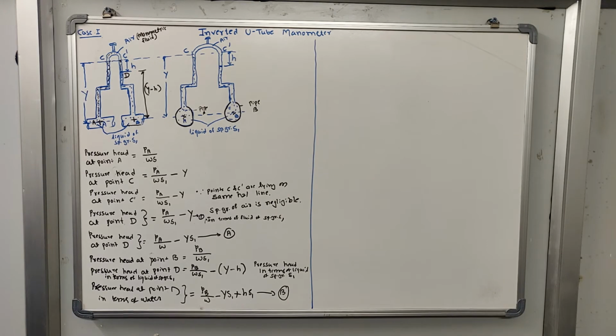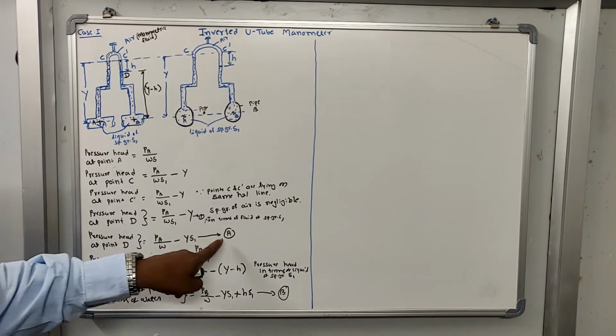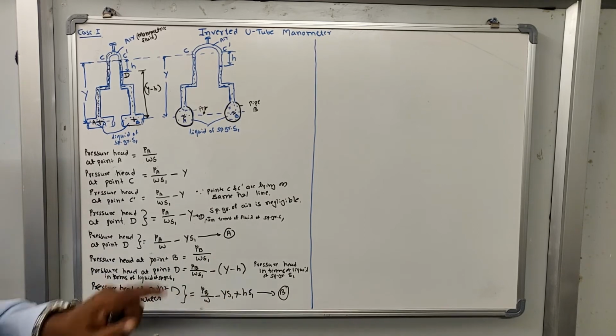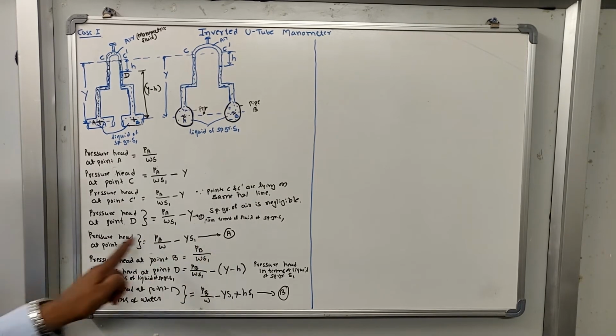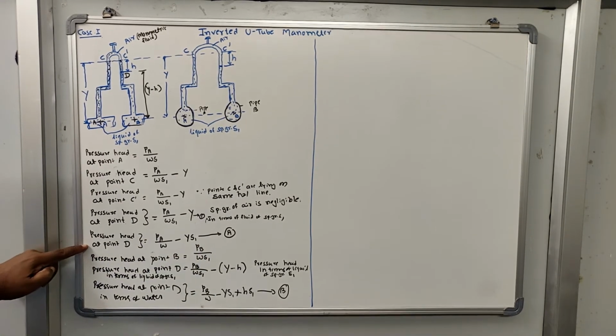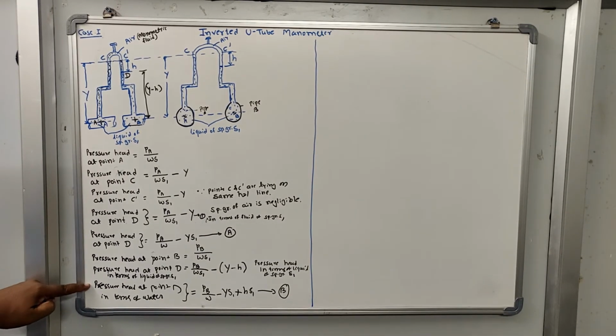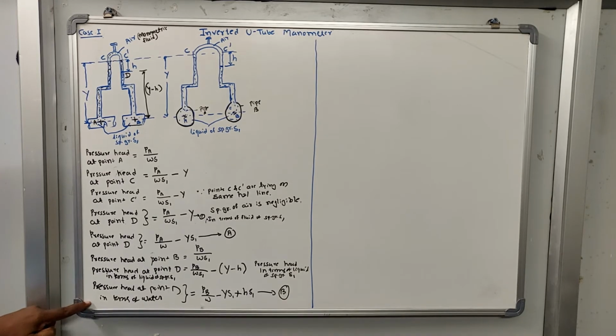So now you see the equations A and B. Okay, both are the pressure heads. Equation A gives you the pressure head at point D in terms of water. Then equation B also gives you the pressure head at point D in terms of water.